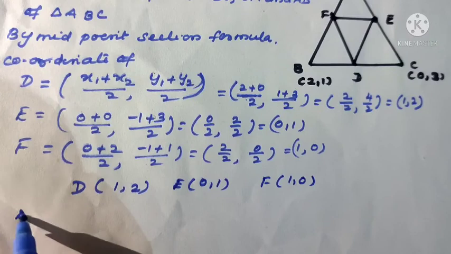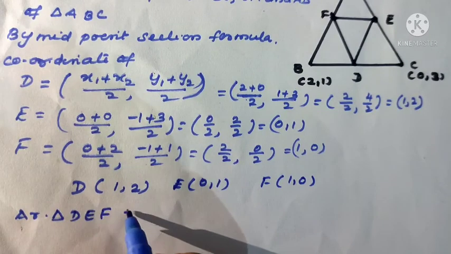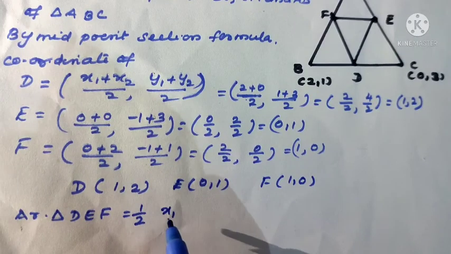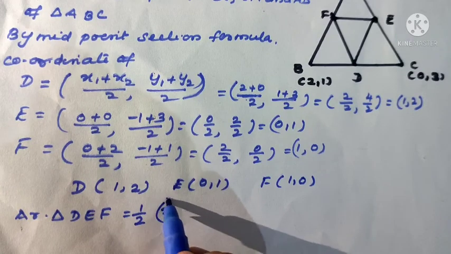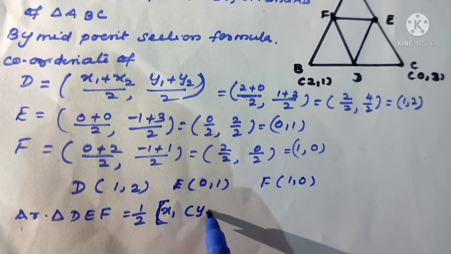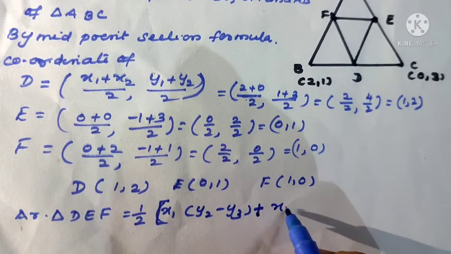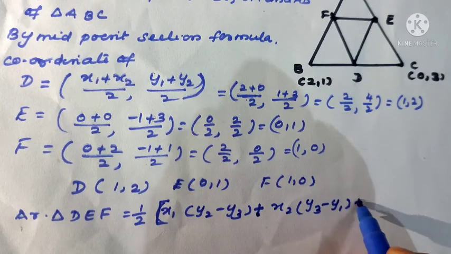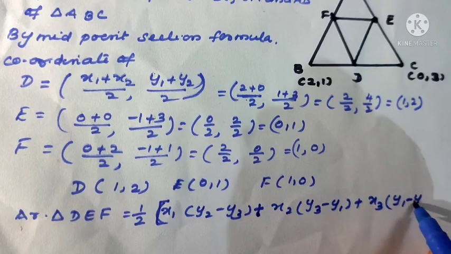So area of the triangle DEF means, formula first we should write half into x1 into square bracket y2 minus y3 plus x2 into y3 minus y1 plus x3 into y1 minus y2.